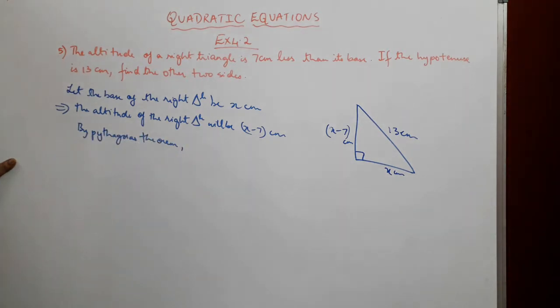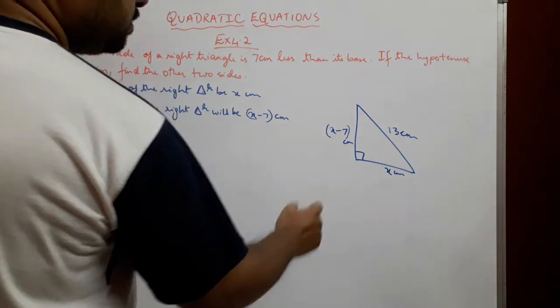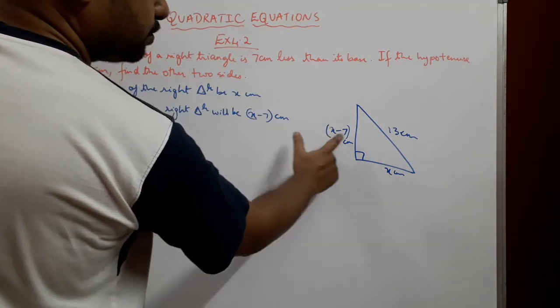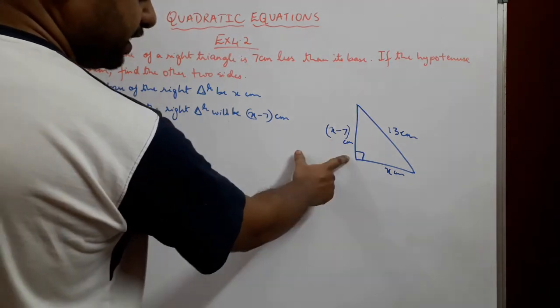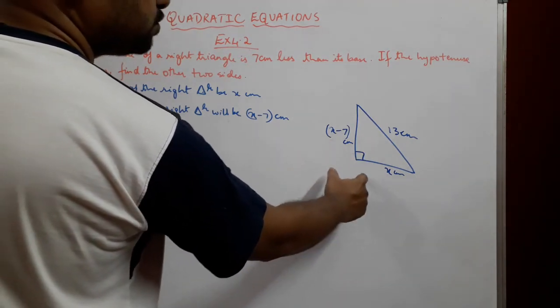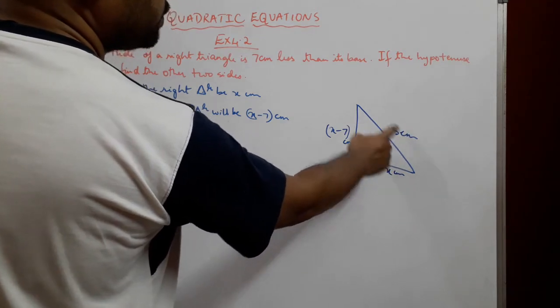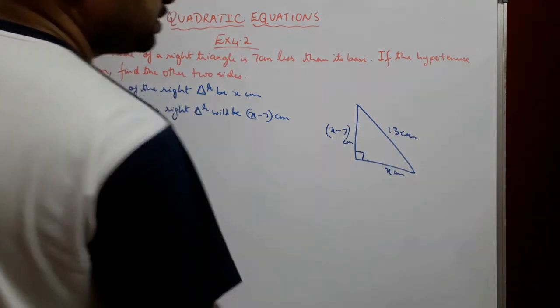The Pythagoras theorem says that the sum of the squares of two sides of a right angle triangle is equal to the square of the longest side of the triangle.